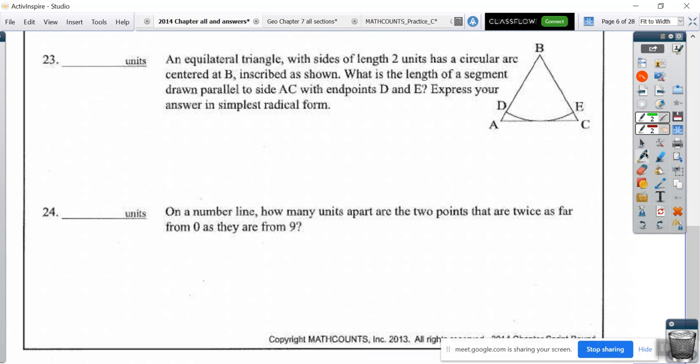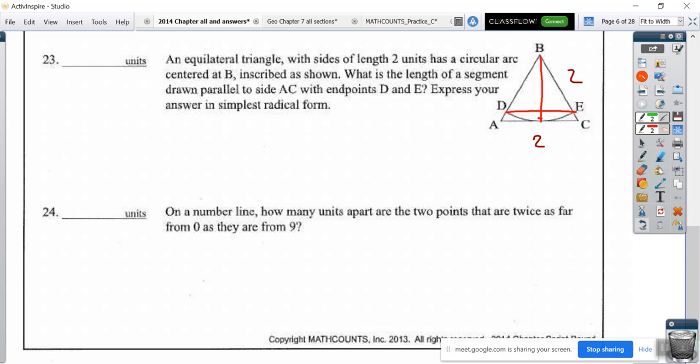Okay, so for 23, I saw that since the triangle is equilateral, all of the sides are going to be 2 units long, so I labeled that. And then it's a circular arc with a center of B. I drew a segment parallel to AC with endpoints D and E. And then I also drew the vertical line like you drew.